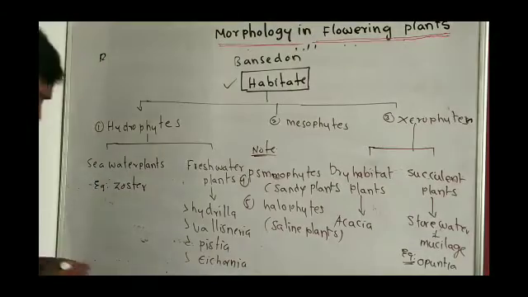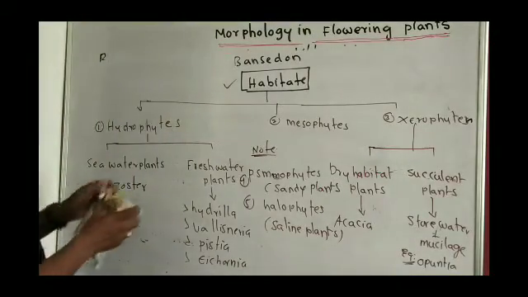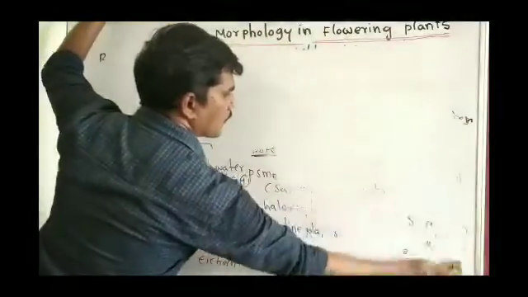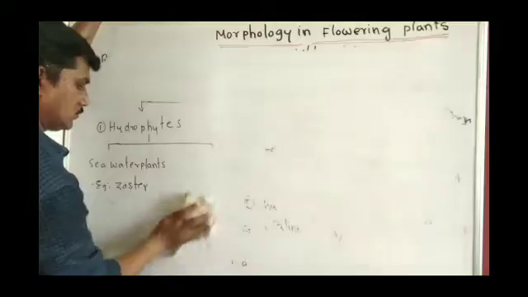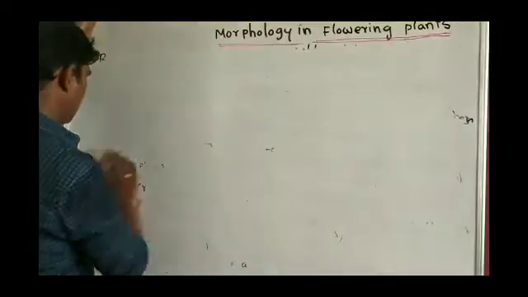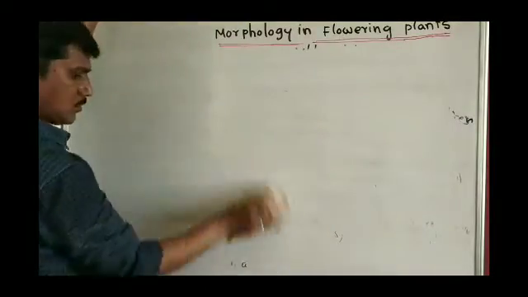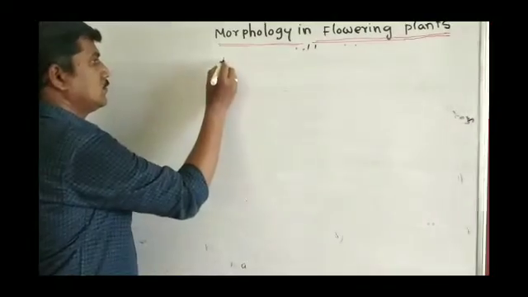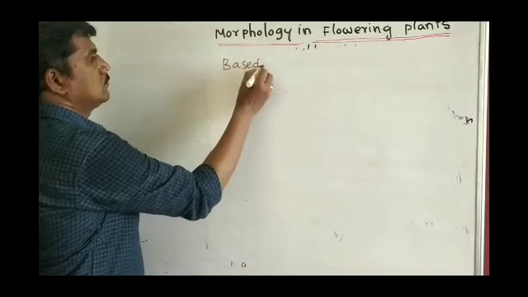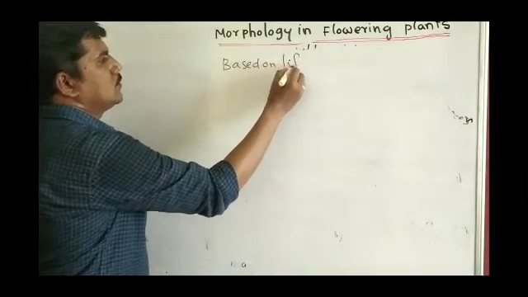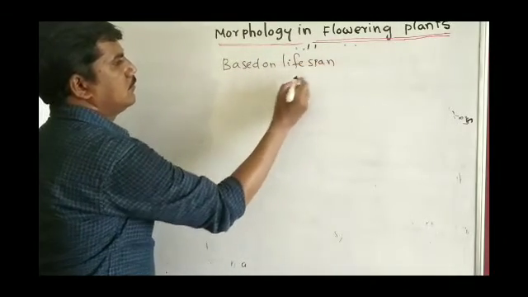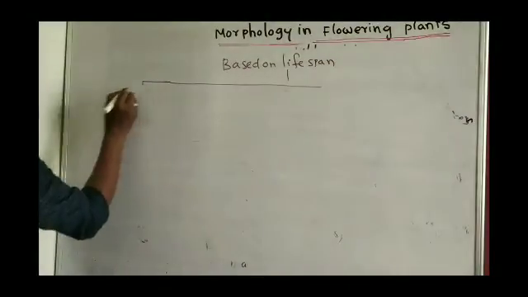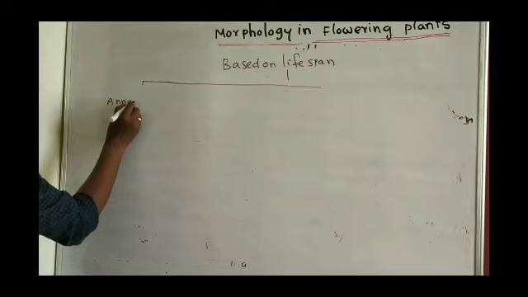The next one is based on lifespan. Very important. The types of the plants. Based on lifespan, the plants are majorly three types, that is annual plants.